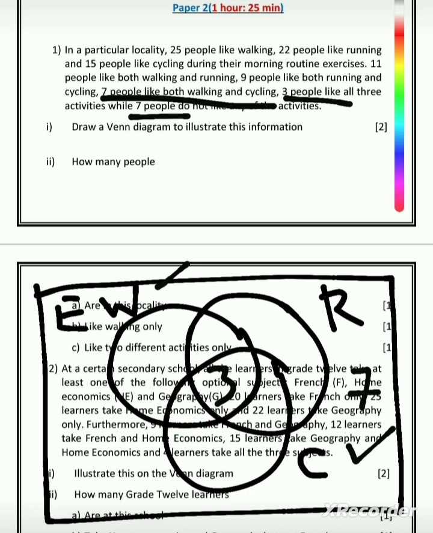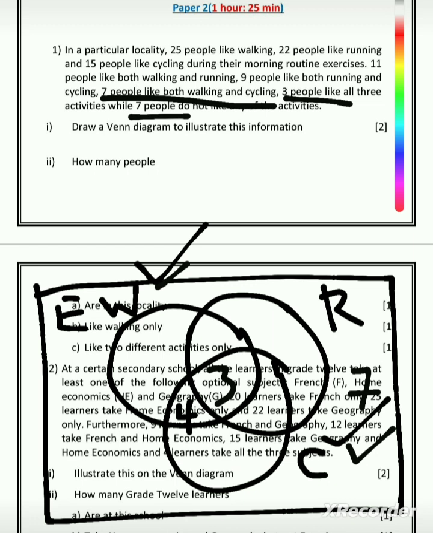But we already have 3 here because the total here should be 7. So we subtract 7 minus 3, which is 4. So that the total is 7 for those who enjoy walking and cycling.